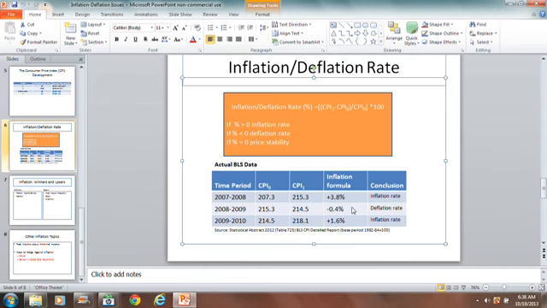So for 2008, 2009, we actually had a deflation rate of 0.4%. And then by next year, we slowly started to climb out of the recessionary conditions, and the inflation rate started to increase again as the economy grew from 2009 to 2010.